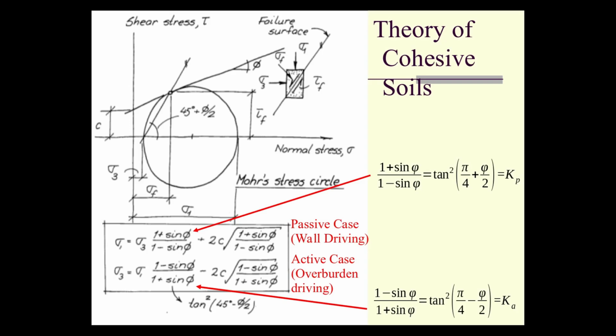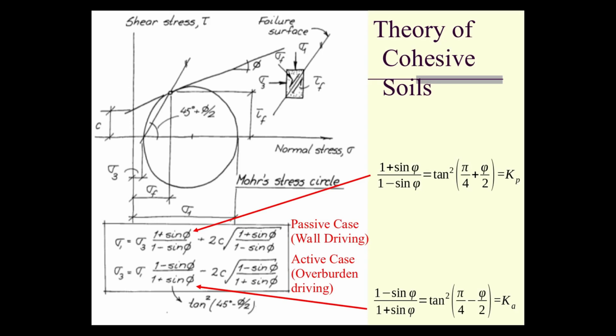If you take out the first term of both of those equations, those are the cohesionless active and passive pressures. And you'll notice, again, I said that lateral pressure theory is a chance for geotechs to show off their prowess in trigonometry.